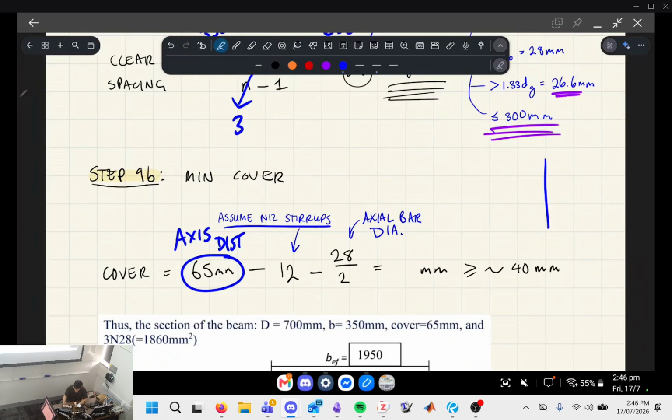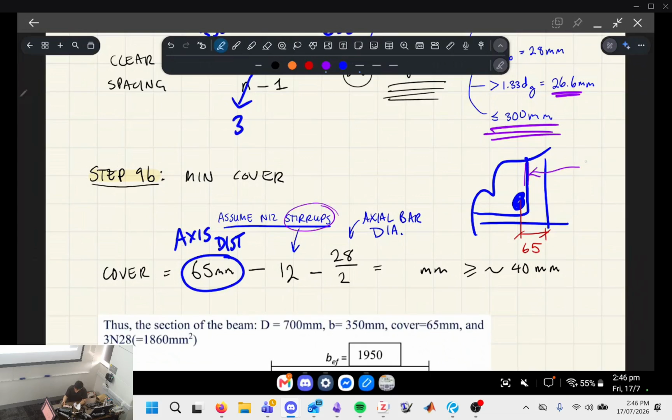So if I draw a little diagram, you can also see it on the slide. That's your axial bar. That's your stirrup or your transverse bar. We assumed this distance here was 65. We're going to assume that the transverse bars or the stirrups are N12s.